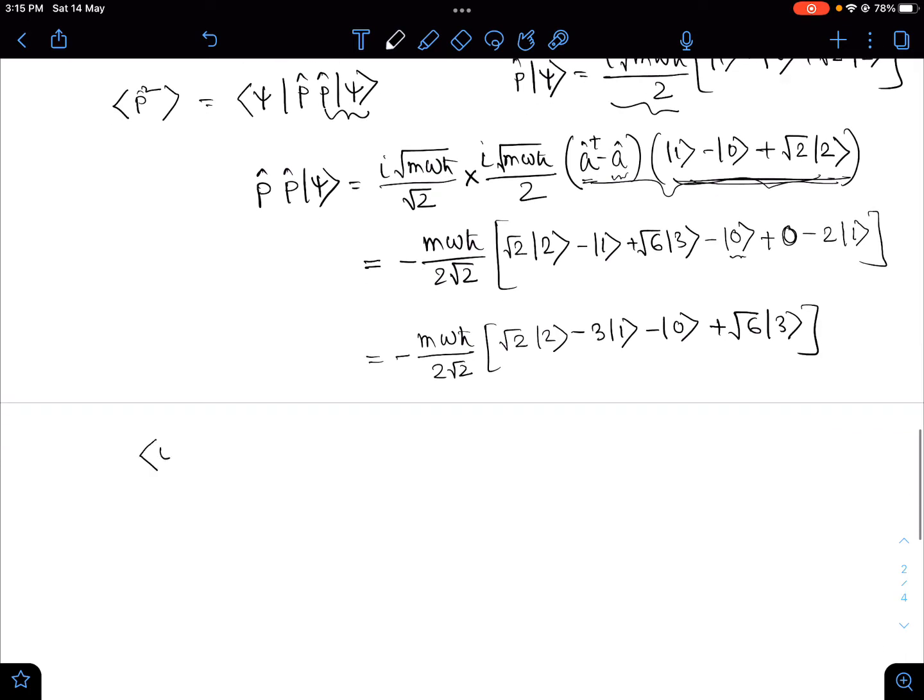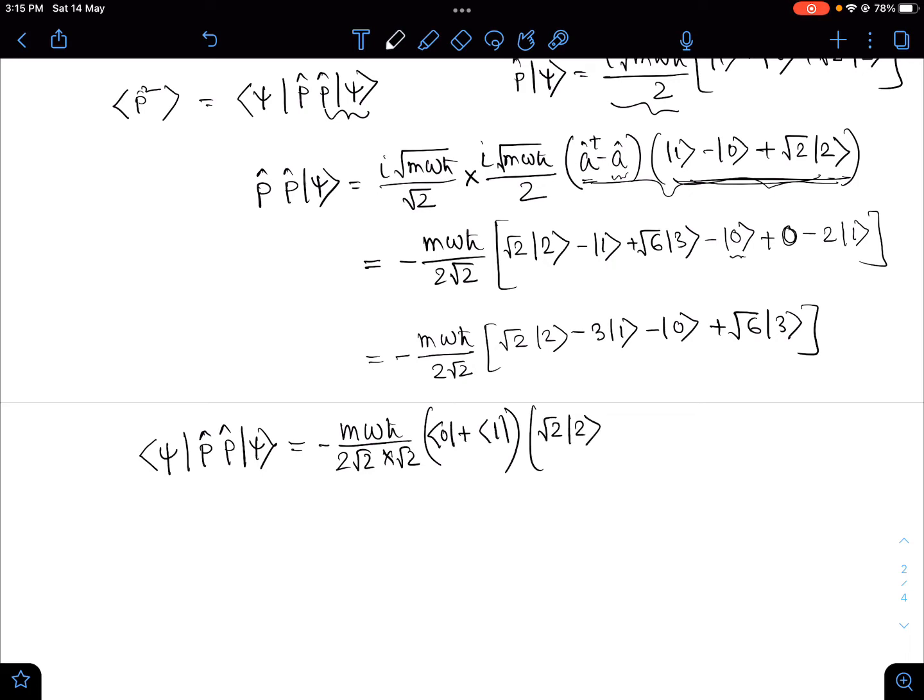If we do the calculation for this quantity, we will get minus m omega h cut by 2 root 2 into root 2, and we have here the |0> and |1> terms, and here it will be this.